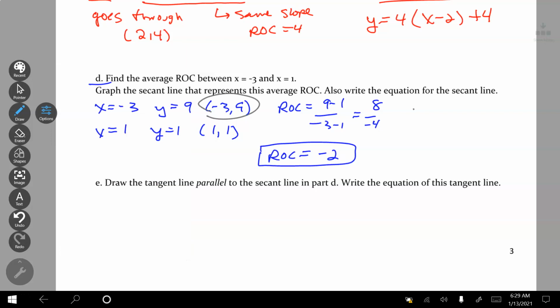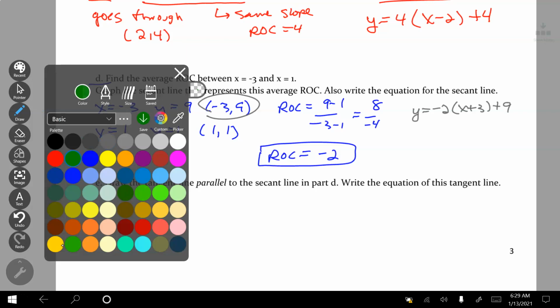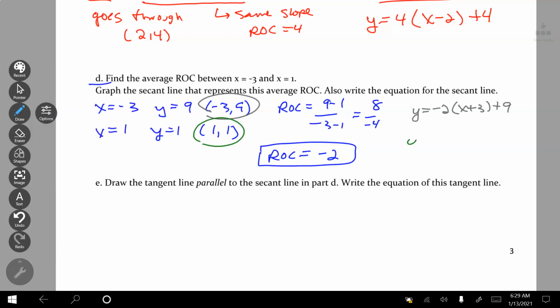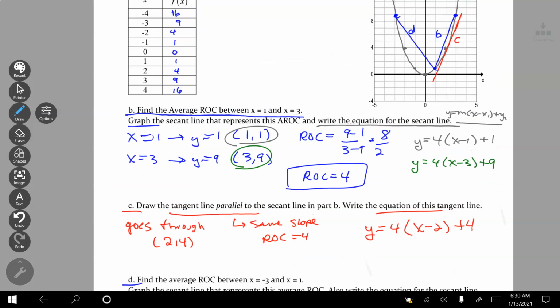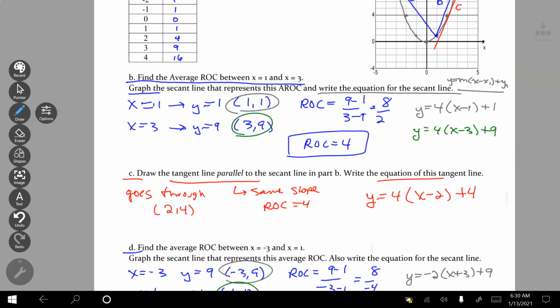I could use a slope of negative 2 and the point I circled in gray, or I could use (1, 1), which is an easy one to use. And that is the equation of that blue line labeled D.